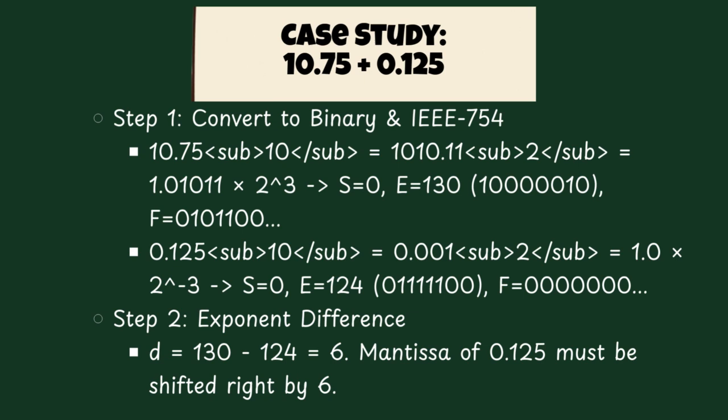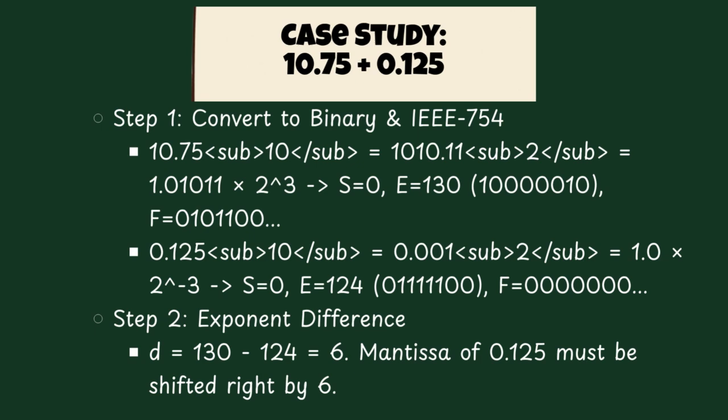Let's walk through an example. 10.75 in binary is 1010.11, which normalized is 1.01011 times 2 to the power of 3. 0.125 in binary is 0.001, which normalized is 1.0 times 2 to the power of minus 3.